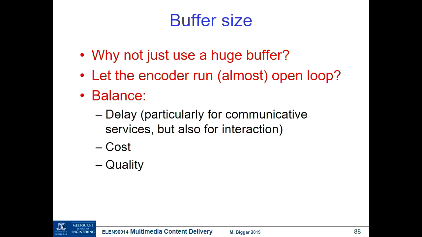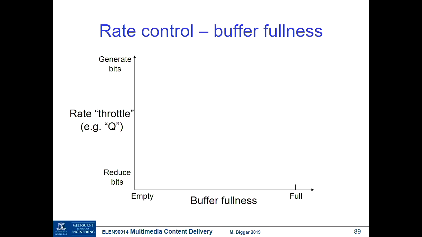Why not just use a really big buffer? Well, in that circumstance we could essentially let the encoder run almost open loop, but it's a balance with the delay. If we have a big buffer, we've got a big delay, and it could be costly, and there are quality trade-offs. So ordinarily we would run with a modest-sized buffer.